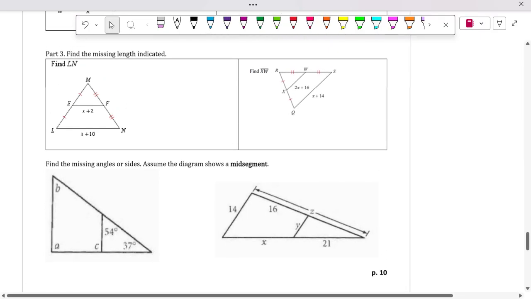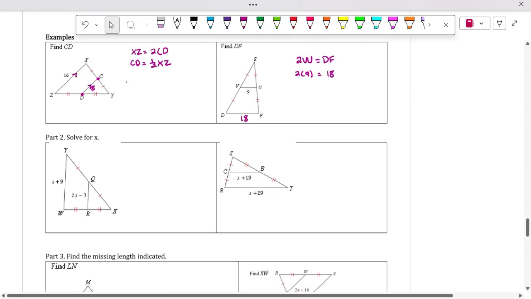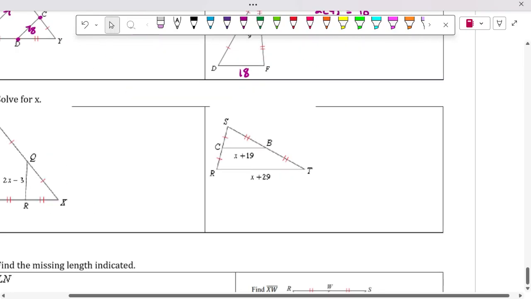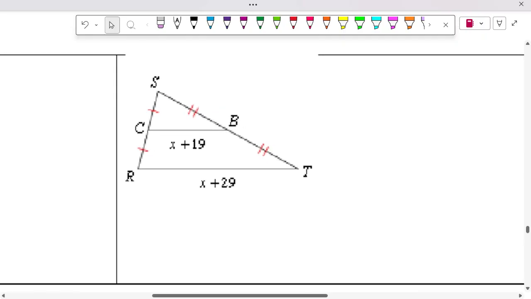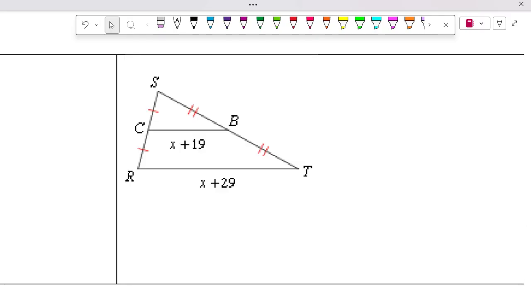Now, last thing we're going to do is solving for X. Again, I know that y'all can solve an equation. I really only care about the setup. Okay? Y'all are confident in solving a linear equation, right?